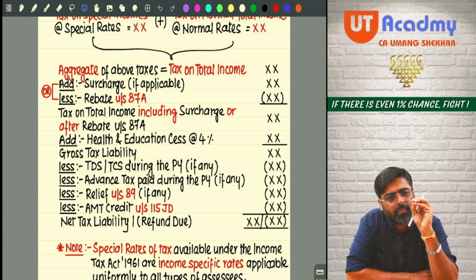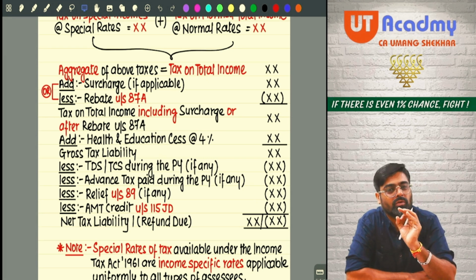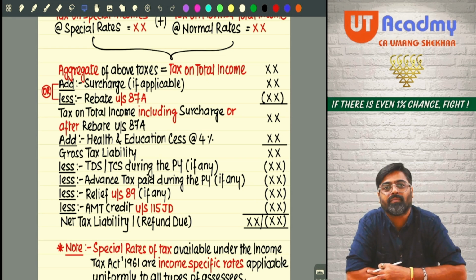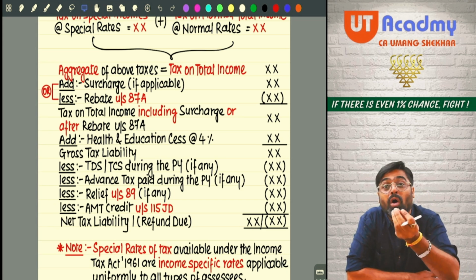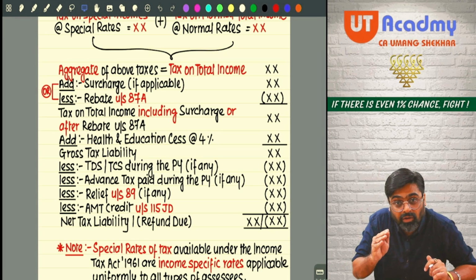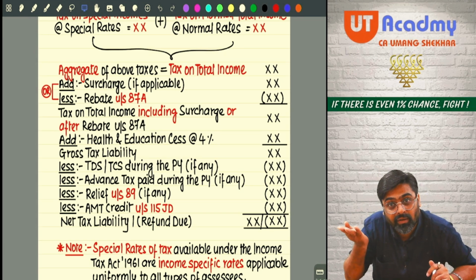So it was higher by only 1,22,000 as compared to 50 lakhs. There is a small increase in total income, and as a result of that, marginal relief might come. That time be attentive.